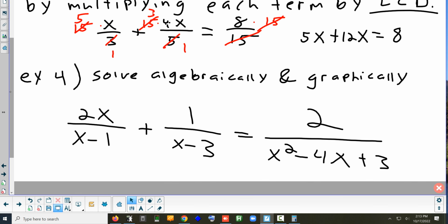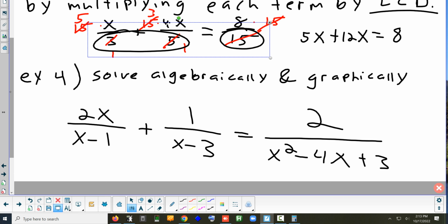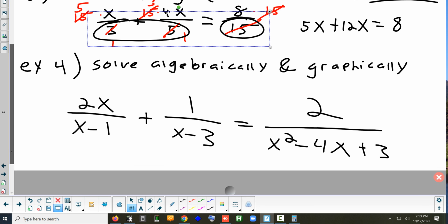Now, whether or not you noticed up above, there was a special connection between the number 15 and the other two denominators. What's the connection between 3 and 5 and 15? If you multiply these two denominators together, it gives you this denominator. That's exactly the same thing right here.